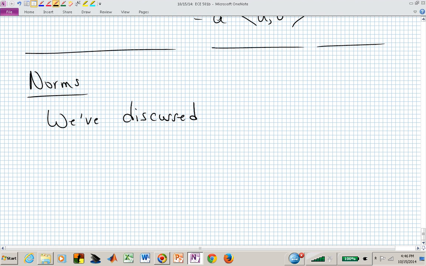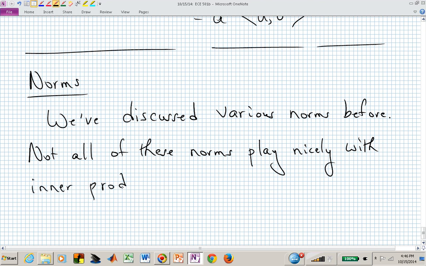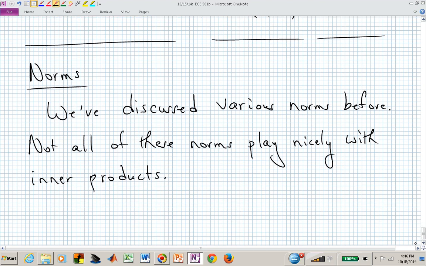So we've discussed various norms. Not all of these norms, let's say, play nicely with this notion of inner products or with inner products.